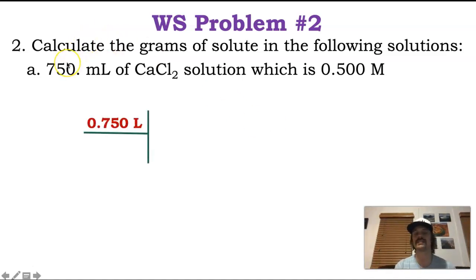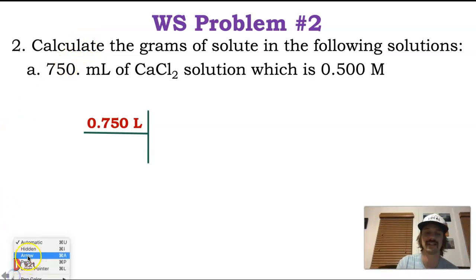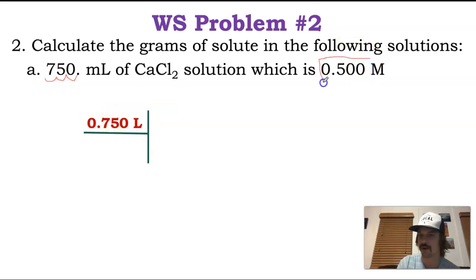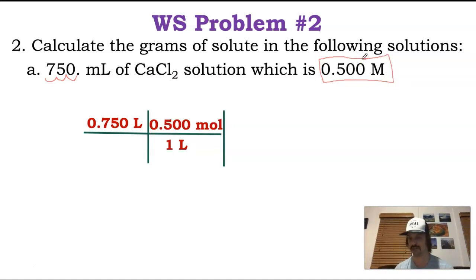So because it says 750 milliliters, I move the decimal 3 places to the left to get it to liters. 1, 2, 3. So that's 0.75 liters, and now I'm going to convert to moles using this, because remember, 0.5 molarity is 0.5 moles per liter. That gets me from liters to moles.